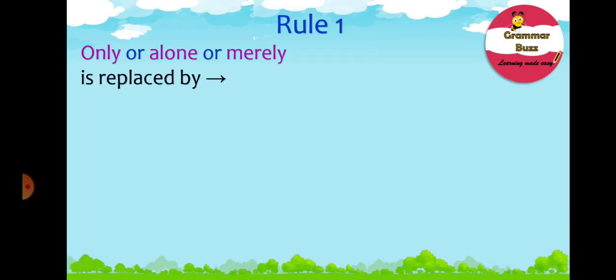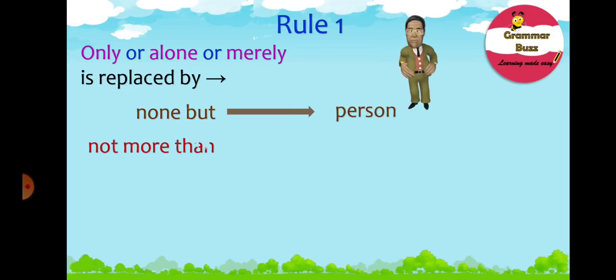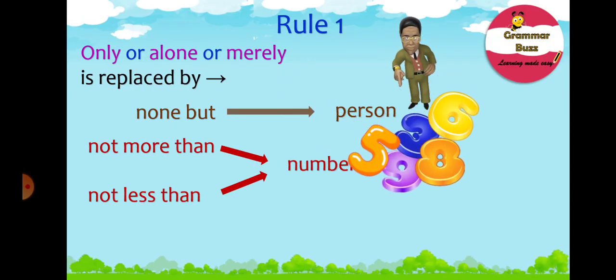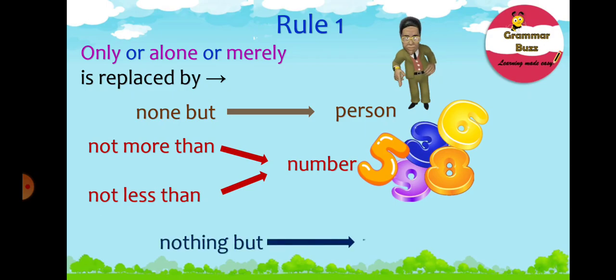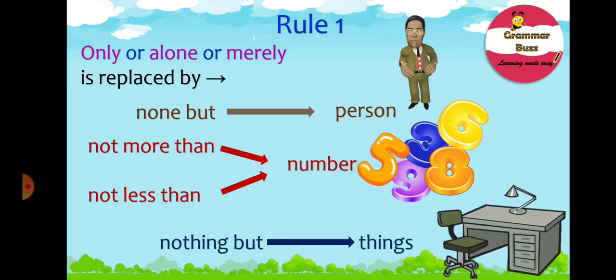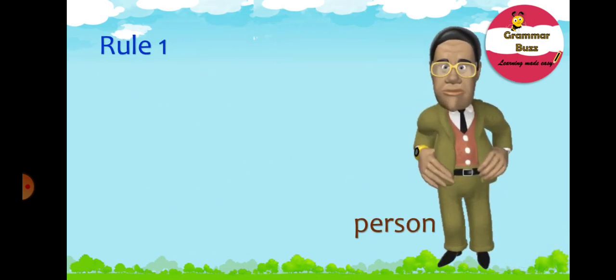Only or alone or merely in affirmative sentences is replaced by none but for person, not more than, not less than for numbers, nothing but for things. Let us try to understand these with the help of some examples.